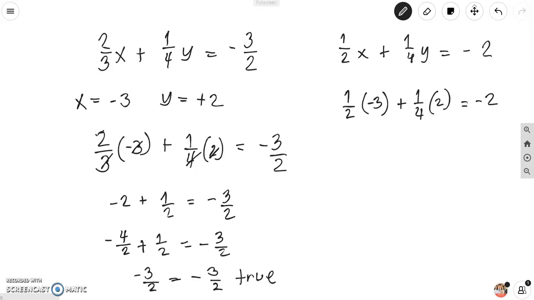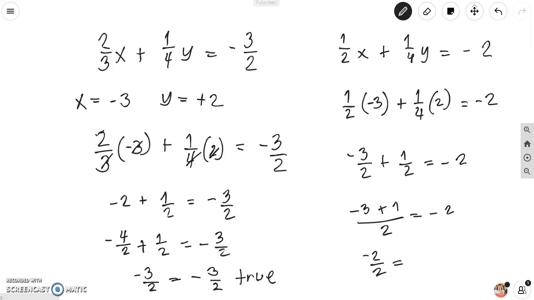So we will have negative 3 over 2 plus 1 over 2 equals negative 2, right? So negative 3 over 2 plus 1 over 2, which equals negative 2. So we define now negative 2 over 2 is not equal to positive 2.